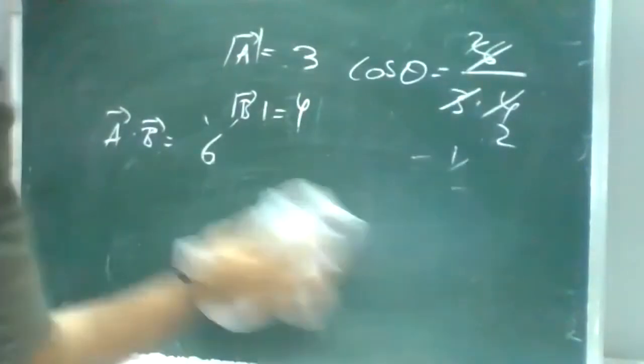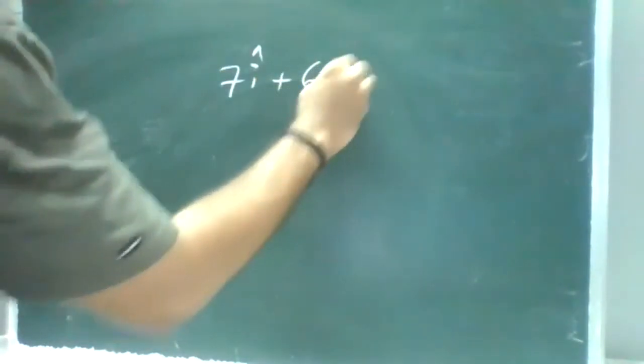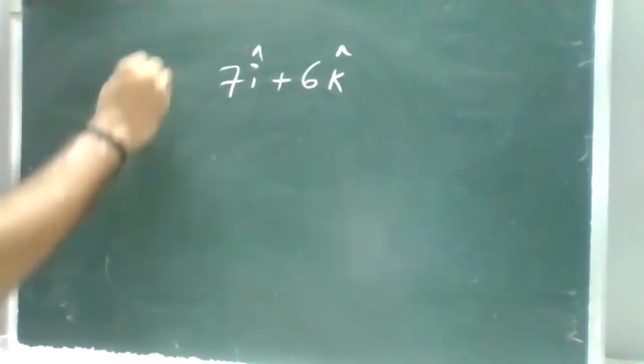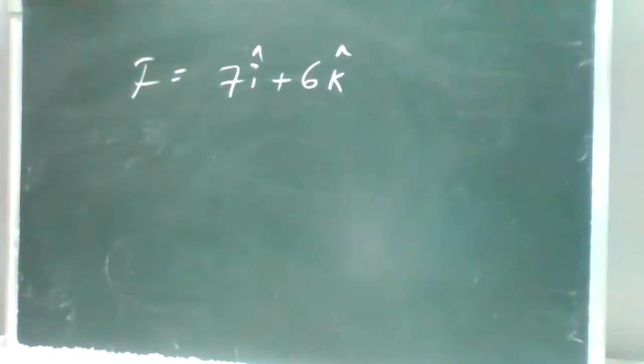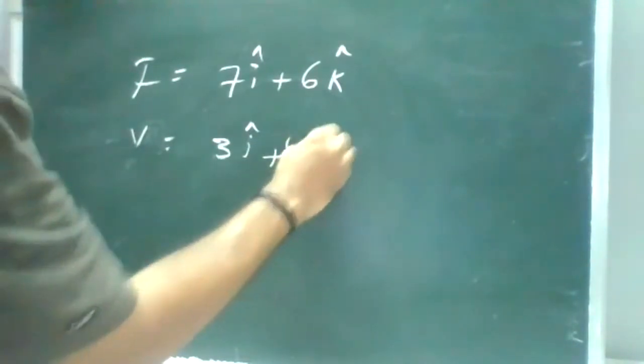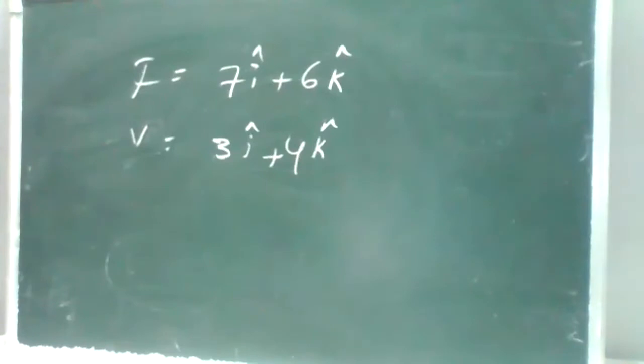Next question. A force 7 i cap plus 6 k cap Newton makes a body move on a rough plane with a velocity 3 j cap plus 4 k cap meter per second.